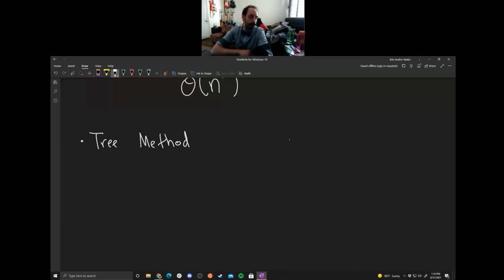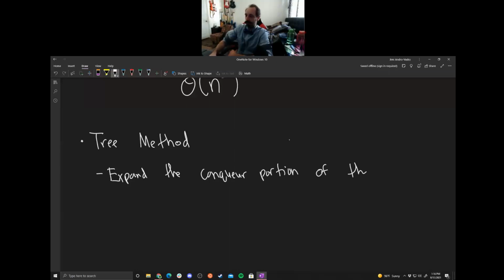So for the tree method, what's going to happen is we're going to expand the conquer portion of the recurrence relation.